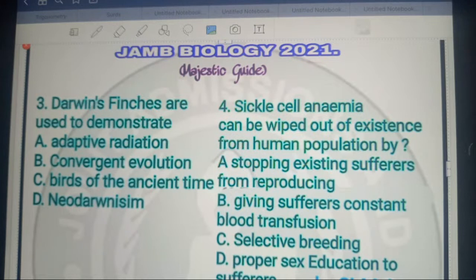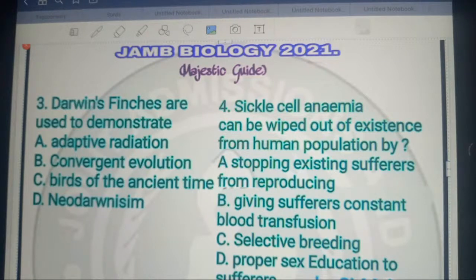Remember that sickle cell anemia did not exist from day one. It came as a result of mutation. That is, normal hemoglobin A underwent mutation and produced this abnormal hemoglobin S, and that abnormality made the cells sickled. Actually, it is a point mutation or a gene mutation.